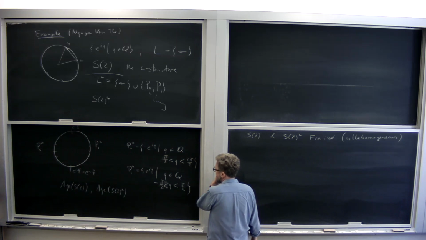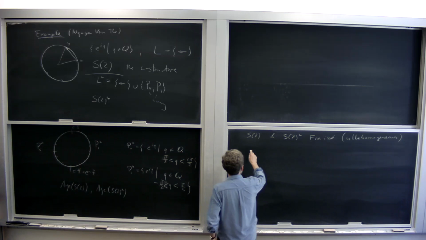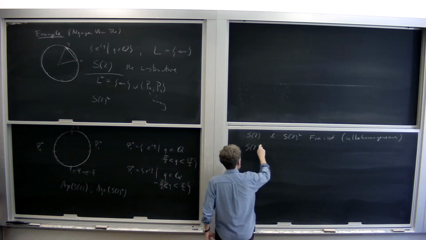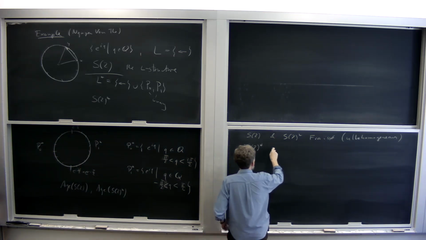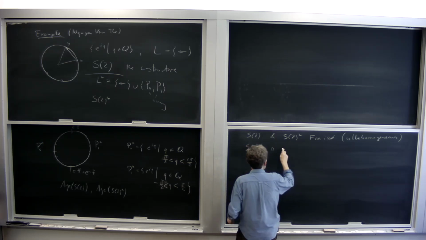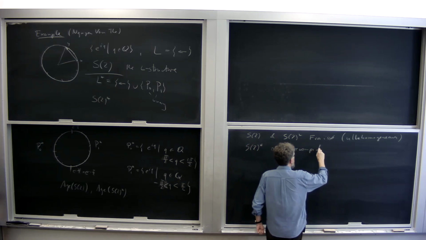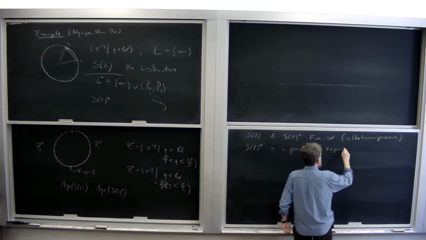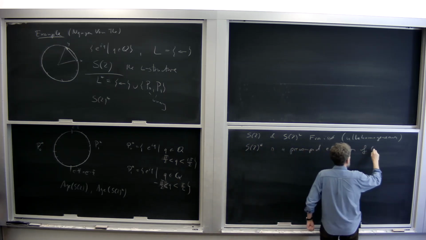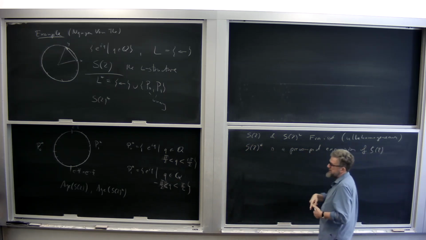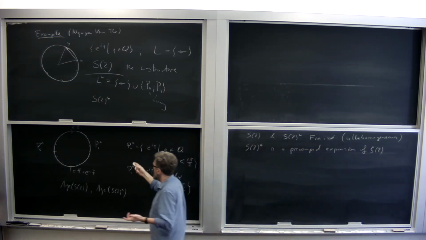Okay. Then we see that S of 2 star is a pre-compact expansion of S of 2, because you are just expanding by a finite number of predicates.